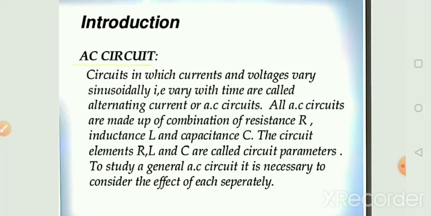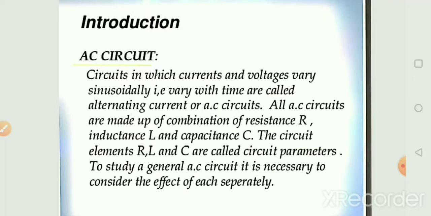That type of circuit is an AC circuit. All AC circuits are made of a combination of resistance, inductance and capacitance. So, if there is an element in the AC circuit, it is denoted by R, L and C.